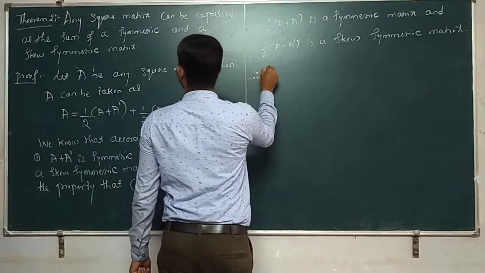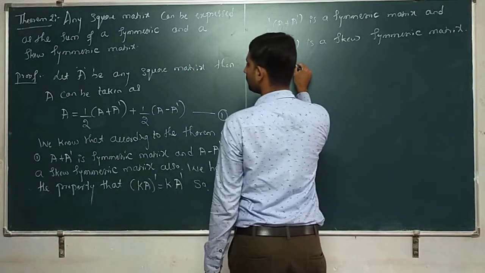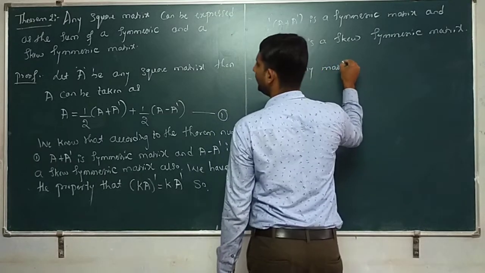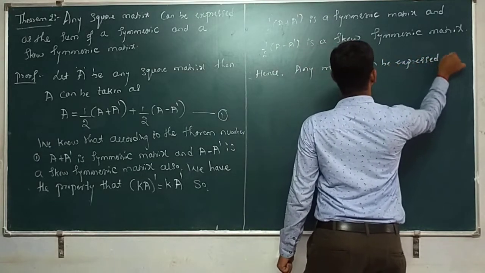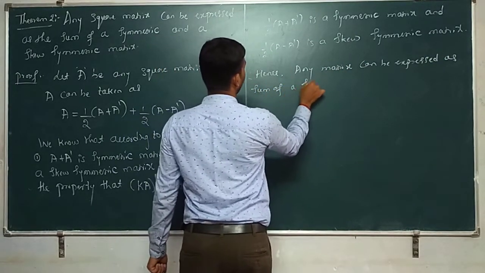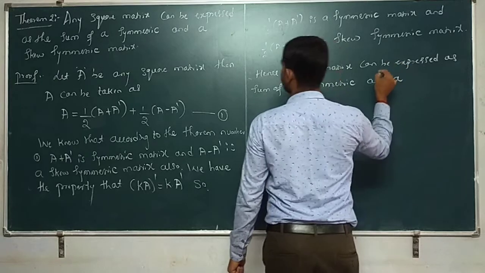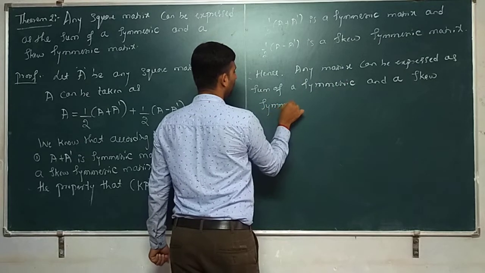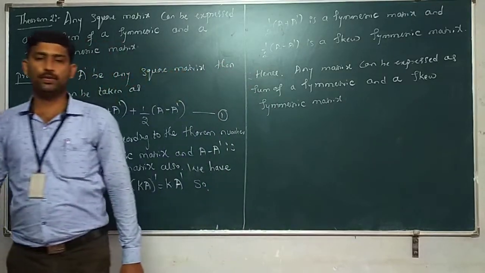Therefore, or hence, any matrix can be expressed as sum of a symmetric and a skew symmetric matrix.